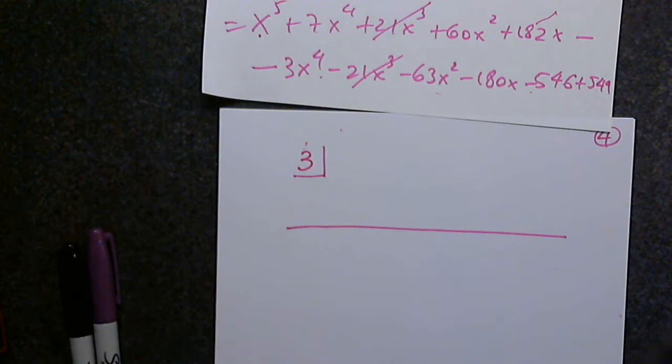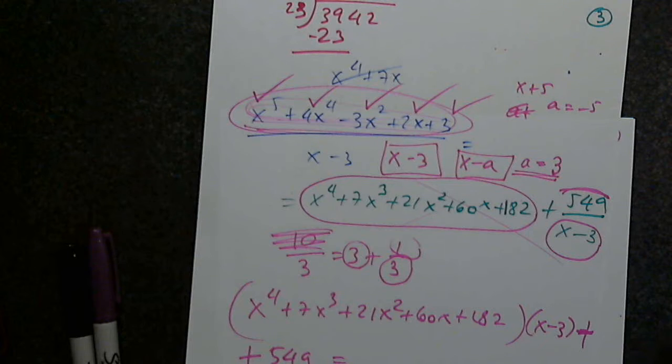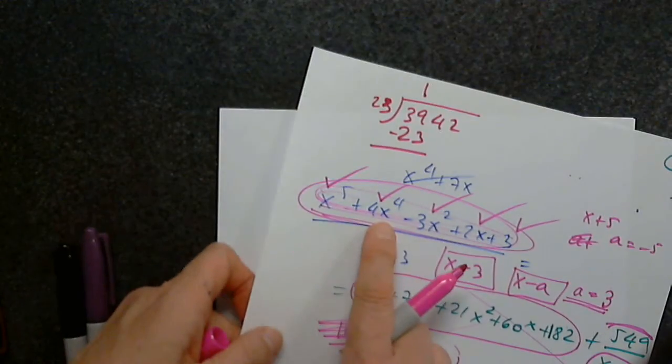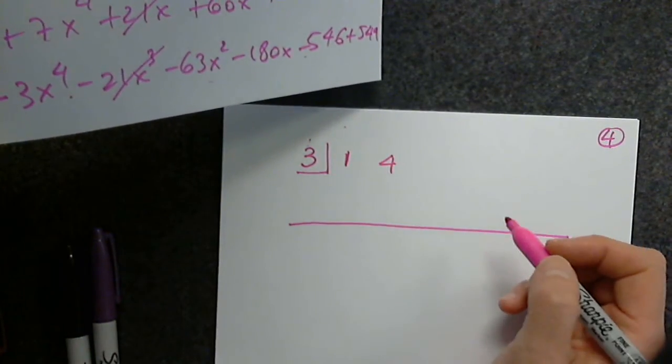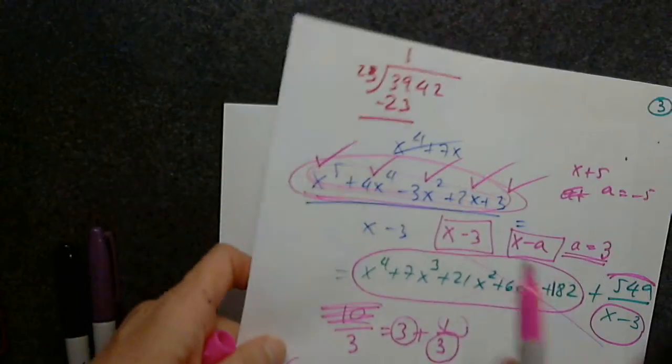In the next step, I copy the coefficients in order, but this time I have to put a 0. What is the coefficient of x to the 5th? 1. What is the coefficient of x to the 4th? What is the coefficient of x cubed? 0. What is the coefficient of x squared?